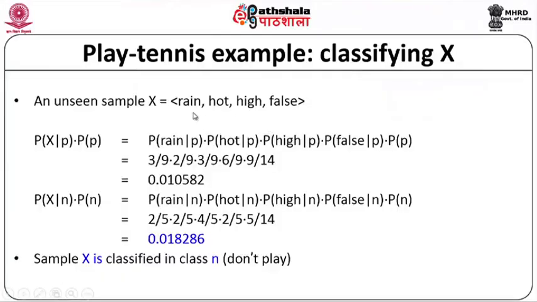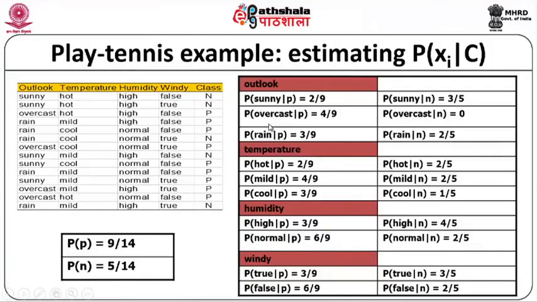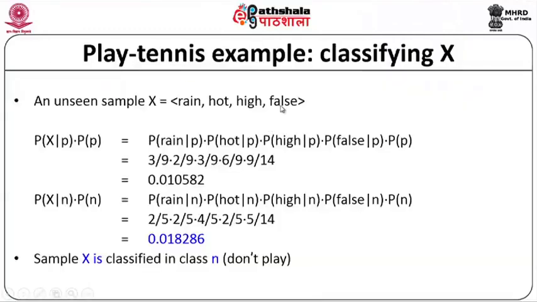Assume the given scenario is a record x having the values outlook rain, temperature hot, humidity high, and windy equal to false. Now we need to identify which class label may be assigned to the data x. As per Bayes theorem we need to calculate the product of the probability of x given p and the probability of p, and similarly for the no class label.